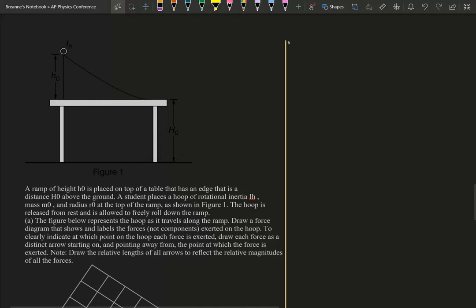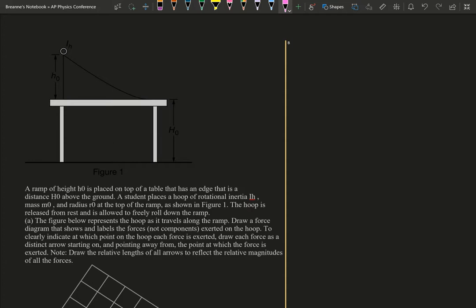So figure 1. So we have this lovely little circle there. The figure below represents the hoop as it travels along the ramp. Draw a free body diagram that labels the forces, not components, exerted on the hoop, to clearly indicate at which point on the hoop each force is exerted.